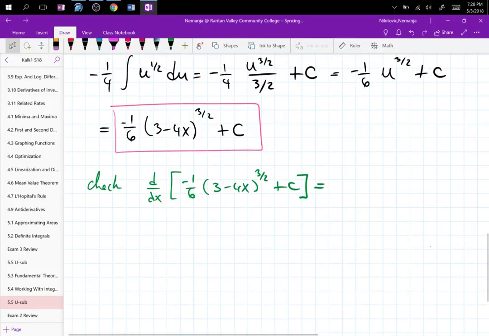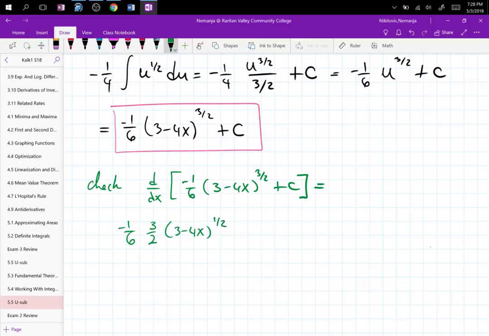We first observe that we have to use the chain rule, because the u sub is the backwards chain rule, so it should be common sense that we are going to use the chain rule now. So what we do is we copy the constant, negative 1/6, take the derivative of this, so that's 3/2, (3 minus 4x) to the 1/2, and then times the derivative of the inside, negative 4, as a chain rule.